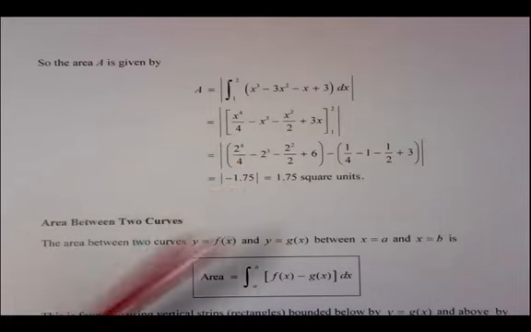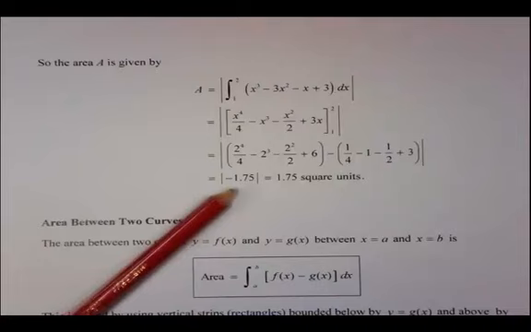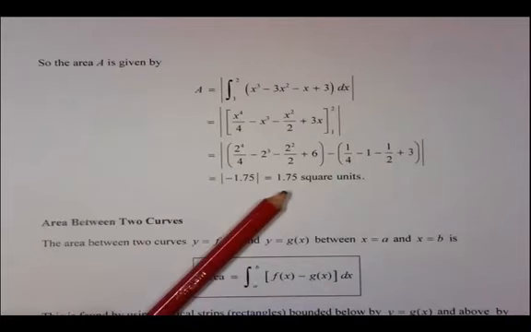And indeed, it is negative 1.75. We take absolute values, we get a positive number, and that's the area. Pretty good being able to find the exact area under a curve like that. And it's quite easy, isn't it? Yes. Good.